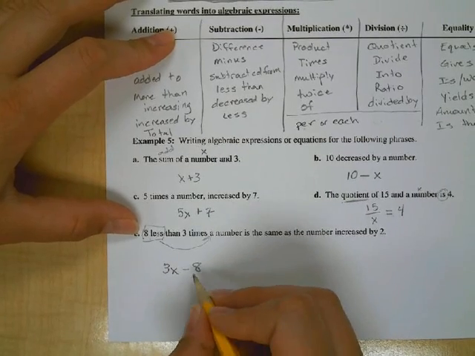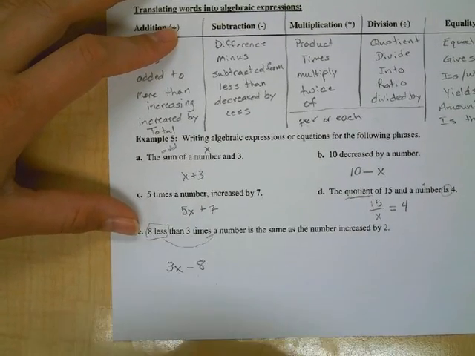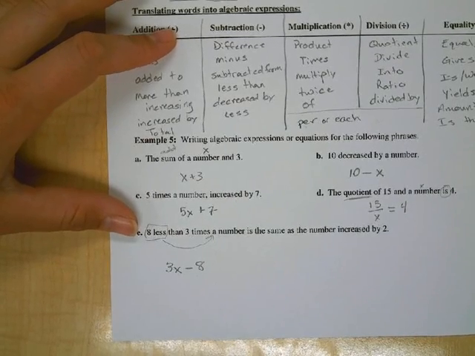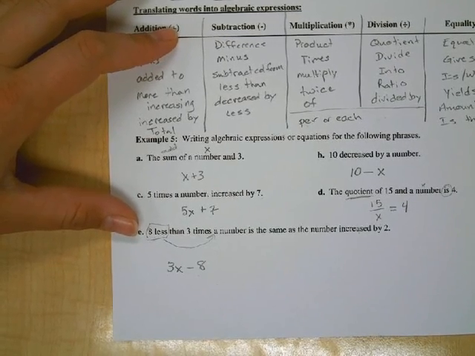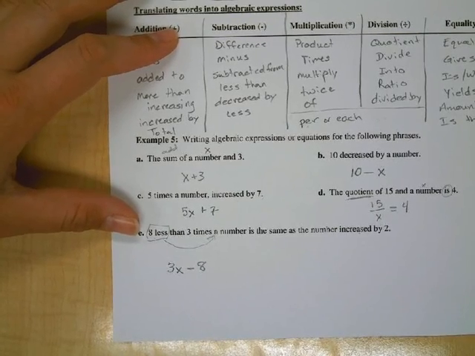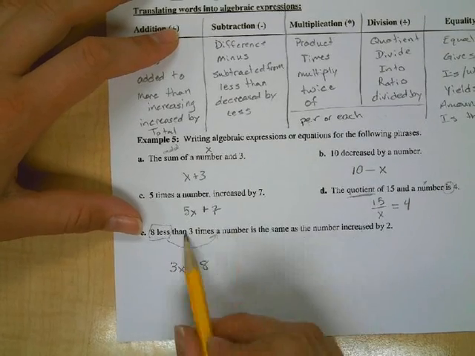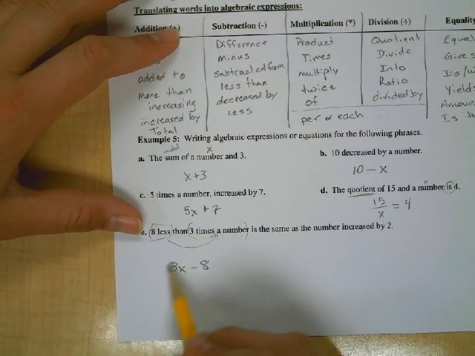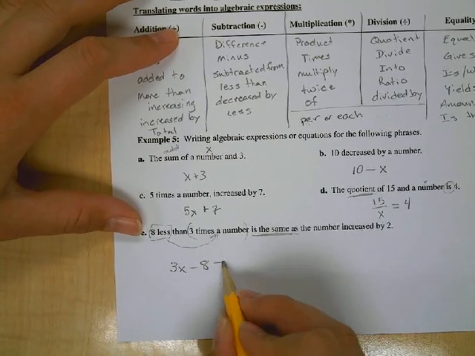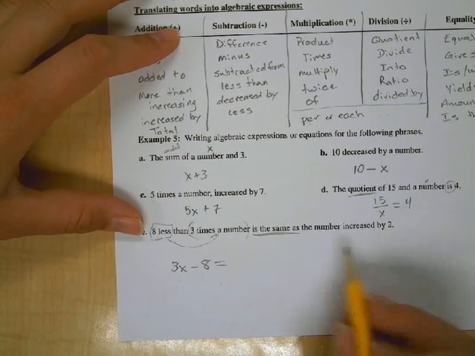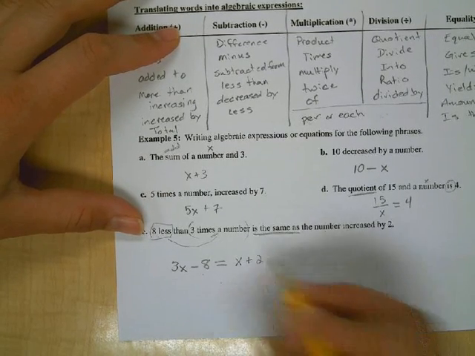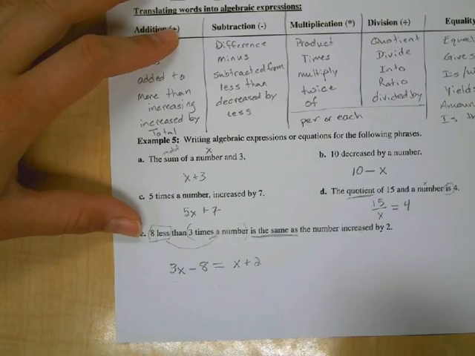This is the one that throws people off the most. If I want to be less than something, I have to start with the something. If I want to be more than something, I also start with the something. So 3 times a number, 8 less than that, is the same as that number increased by 2.